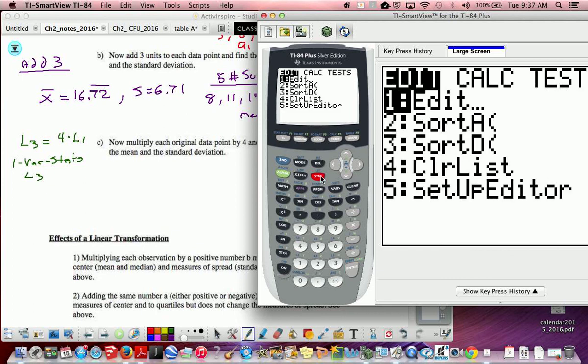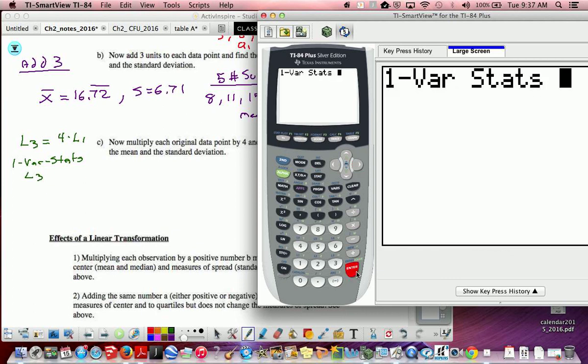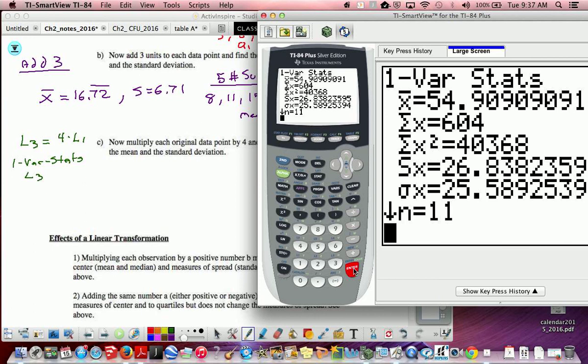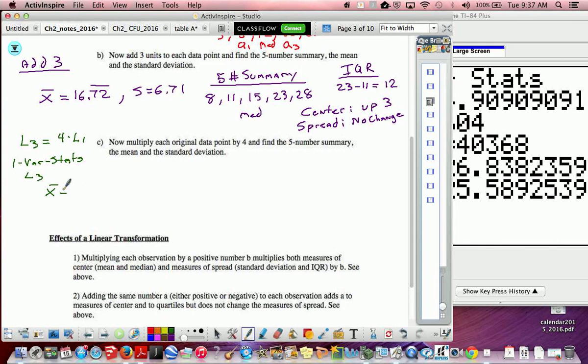Stat, calculate one variable statistics. Whoops, not on list 1. Glad I caught myself there. List 3. So, my mean now is 54.90 repeating.